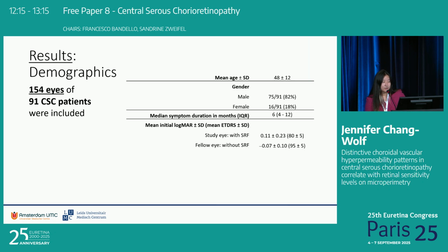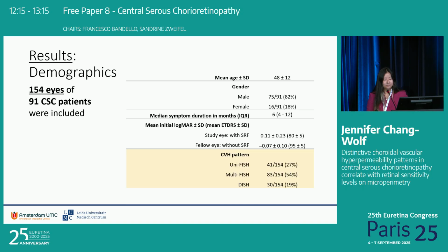Overall, we looked at 154 eyes of 91 CSC patients with a mean age of 48, about 4.5 times as many male patients as female, which is expected for CSC, a median symptom duration of 6 months, and slightly worse vision in the study eye that had subretinal fluid, or SRF, compared to the fellow eye that did not. The subdivision of the CVH patterns was slightly over a quarter for unifish, slightly over a half for multifish, and slightly under a quarter for dish.